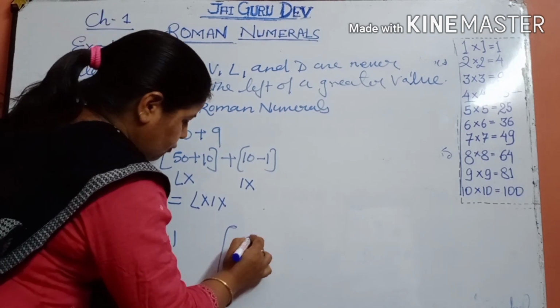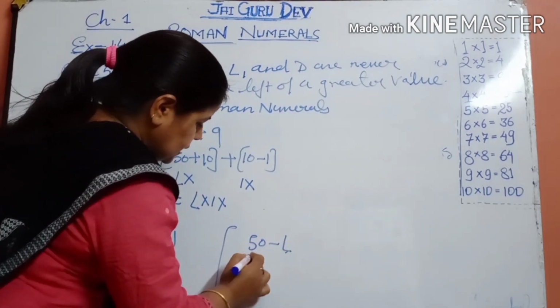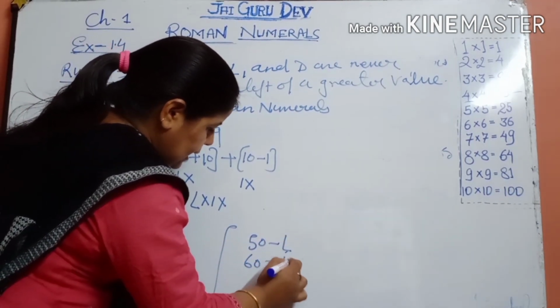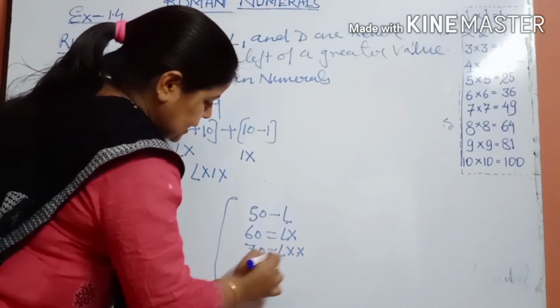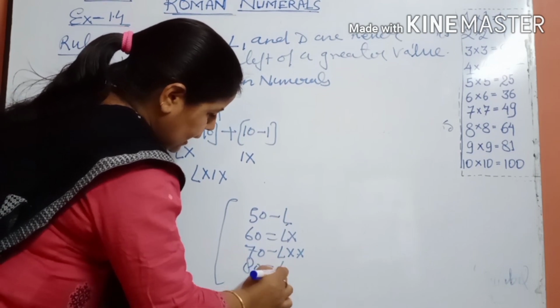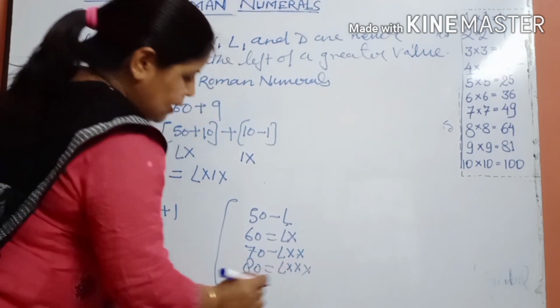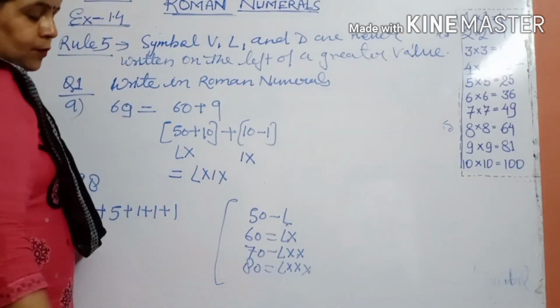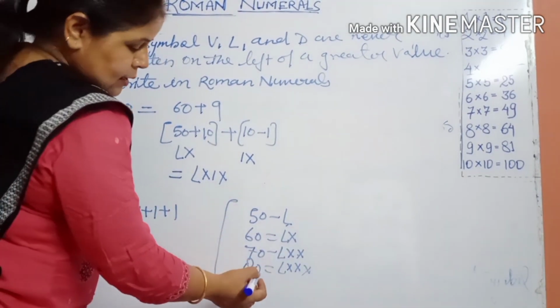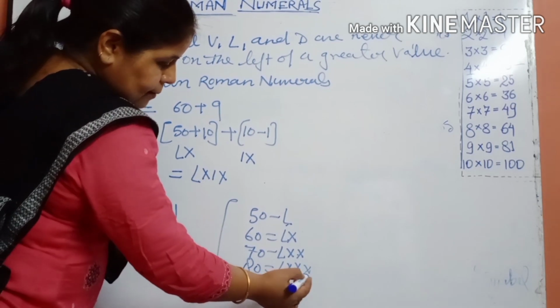Because just see here, you know that for 50 we are using L, for 60 we are using LX, for 70 we are using LXX, for 80 LXXX. Already I taught you that we cannot use one symbol more than 3 times. Till 80, X is coming 3 times.